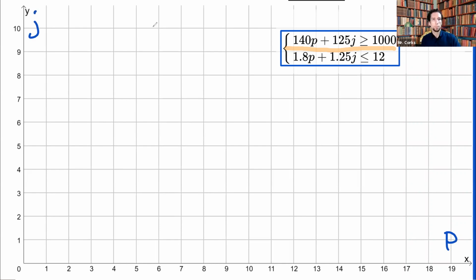Okay, that's better. Sorry, can you tell me again for our P intercept and J intercept? The P intercept is 7.14. Okay, P and J, so 7.14. Okay. And J is 8.